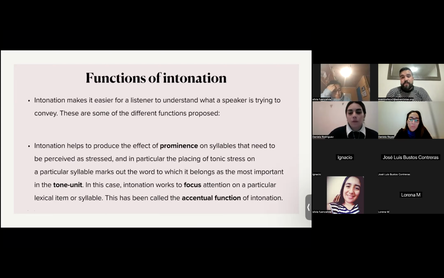And you realized, for example, that when we had nouns in some sentences, we would stress the nouns and not the personal pronouns, because perhaps the noun is the more important thing I want to say. And that is what we call the accentual function. So when you want to produce the effect of prominence on specific words in your speech, that is what we call the accentual function.